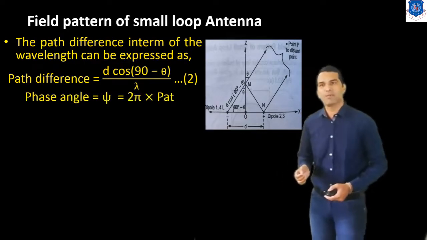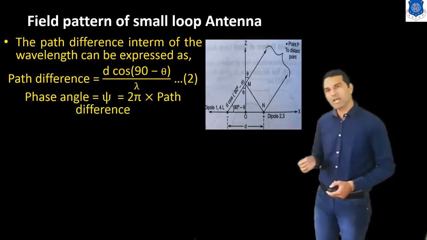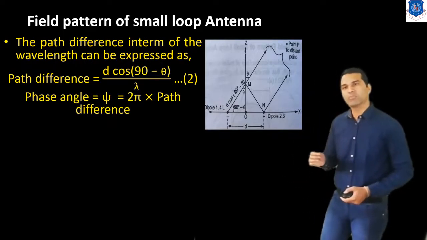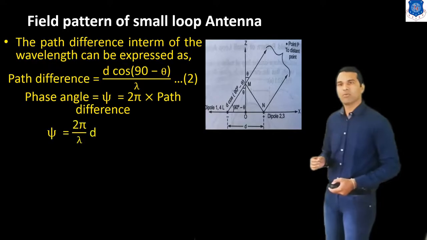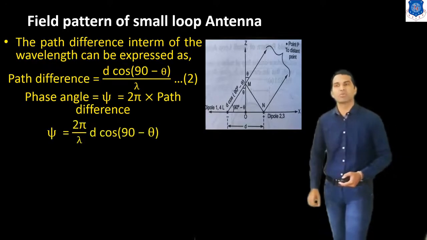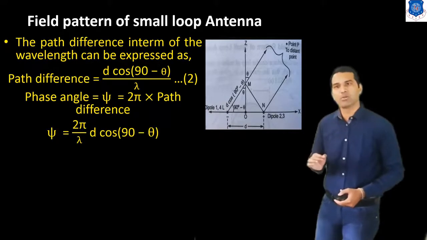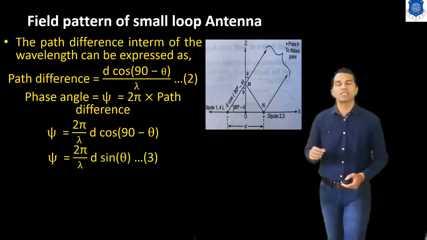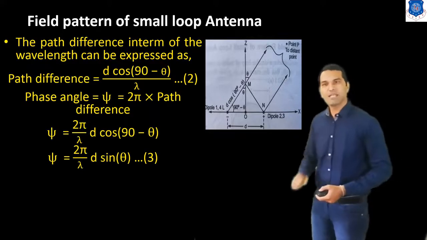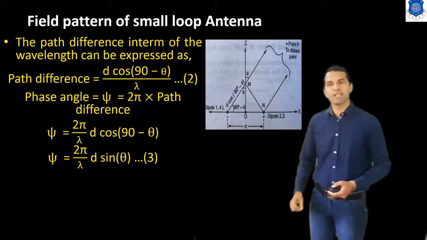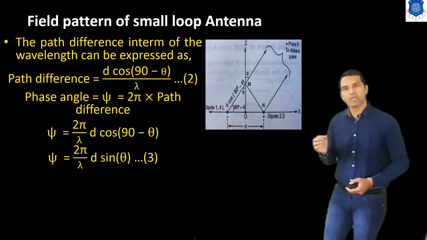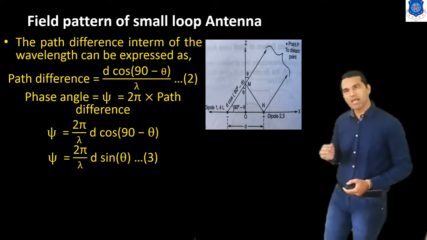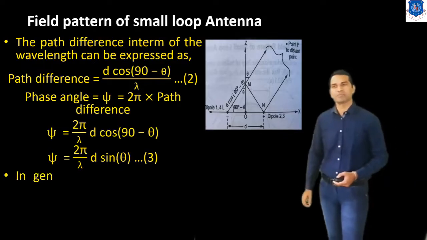The phase angle psi is equal to 2 pi into the path difference. So now we get the phase angle psi equals 2 pi by lambda into d cos(90 minus theta). But we know that cos(90 minus theta) is nothing but sin theta. So we finally get the phase angle as 2 pi by lambda into d sin theta.